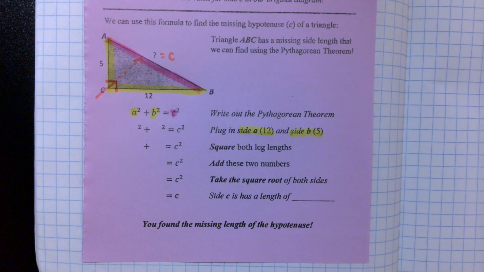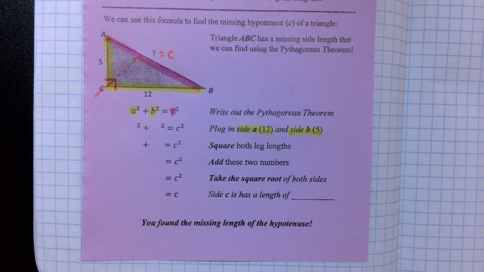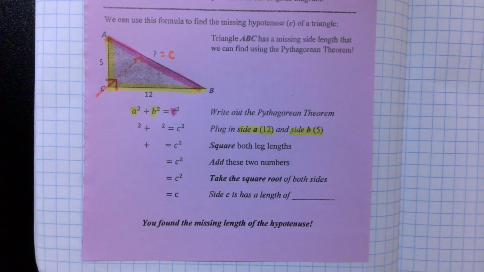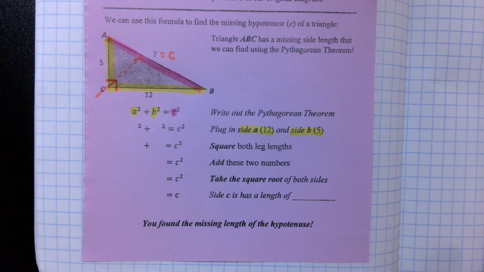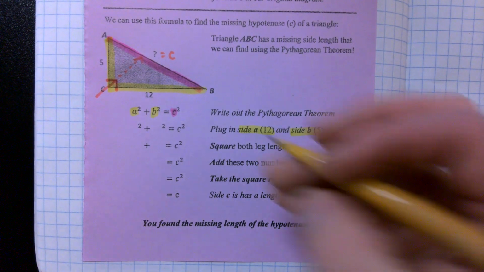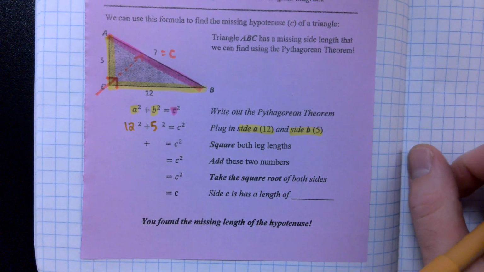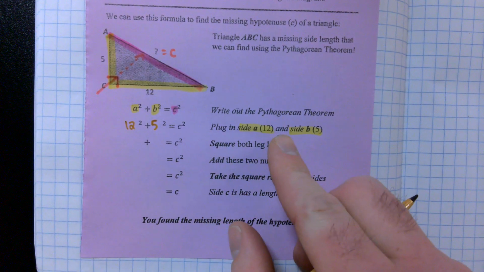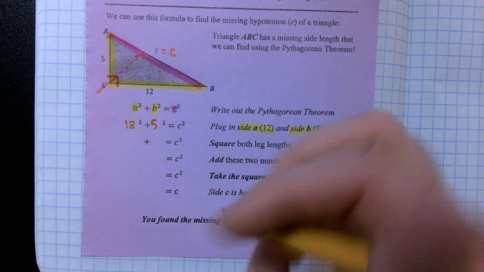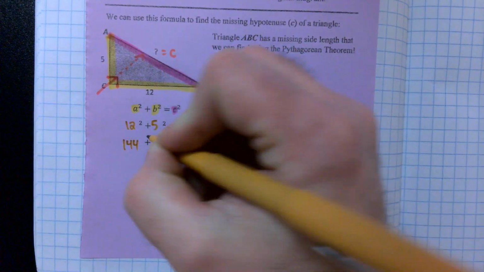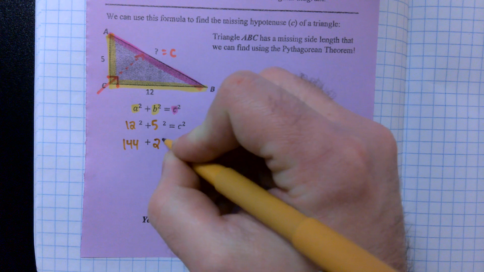What are the two lengths of my legs here in this diagram? There's two lengths of the triangle that I know, right? They're both legs. What are those two lengths? 12 and 5. I'm going to plug those in. I'm going to square them. What is 12 squared? 144. What is 5 squared? 25.